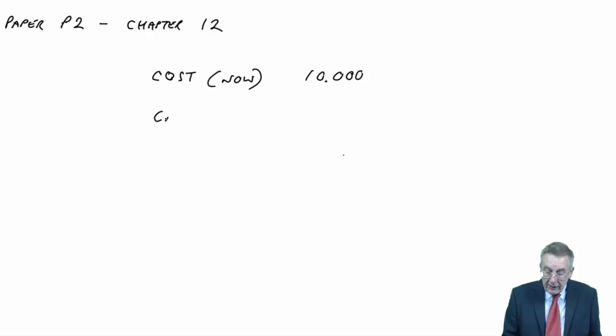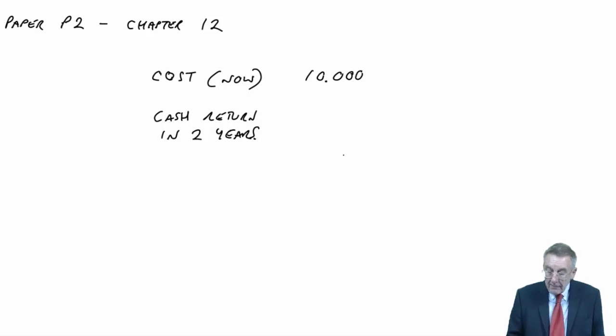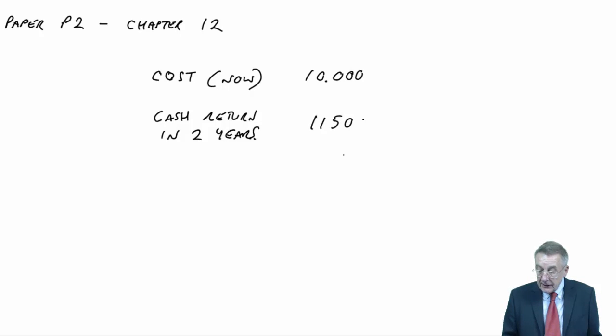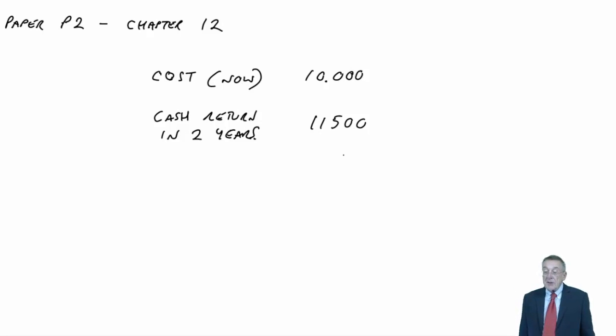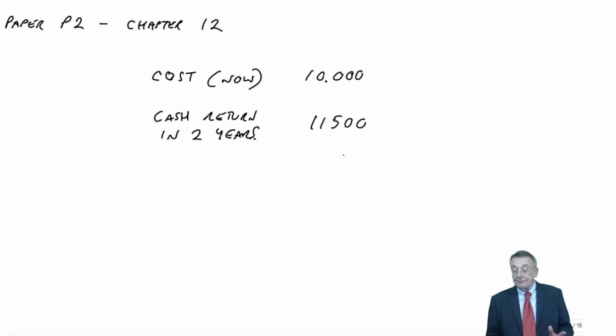We get a cash return in 2 years' time of, let's say, 11,500. Now, clearly, we're going to have to deal with situations far more complicated, but I just want to use this to make it clear what I mean by the time value of money. So it'll cost 10,000 now. In 2 years' time, we get back 11,500, and that's the end of it.